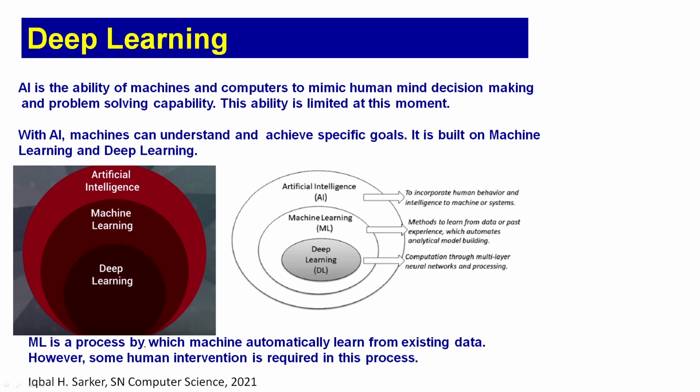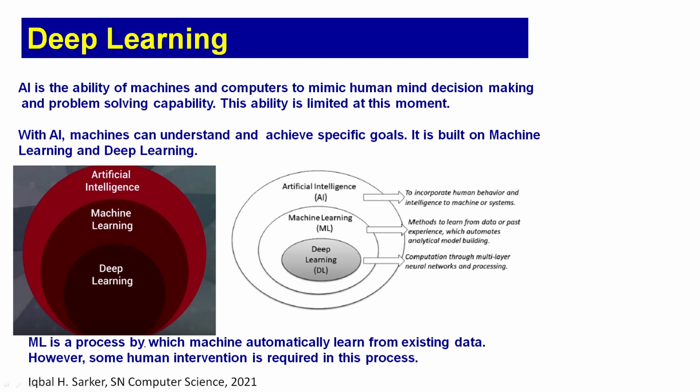We have seen that AI is nothing but the ability of machines and computers to mimic the human mind's decision making process, and that also involves learning capability and problem solving capability, but this is quite limited. Although we think it can do everything in this world, still it is limited. In AI we can make the machine learn or understand something which is happening in the world, and from that get a clue and then solve certain problems or achieve certain goals.